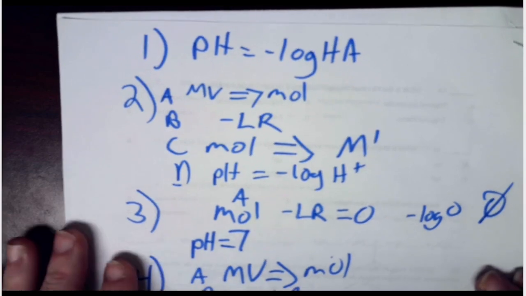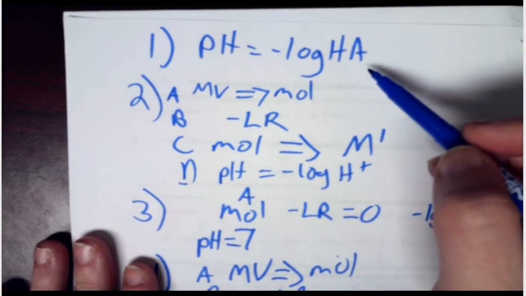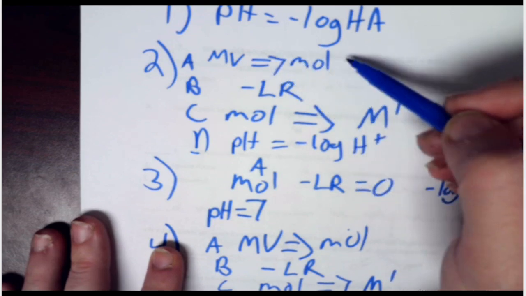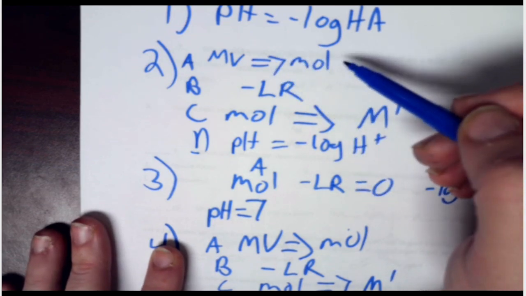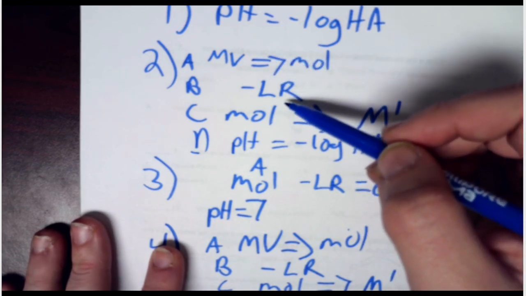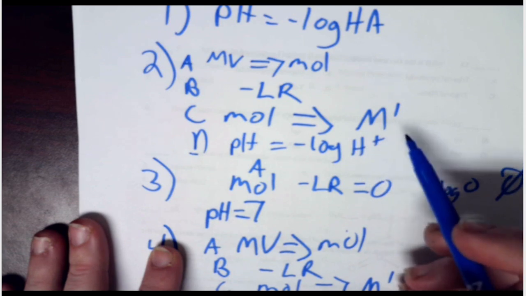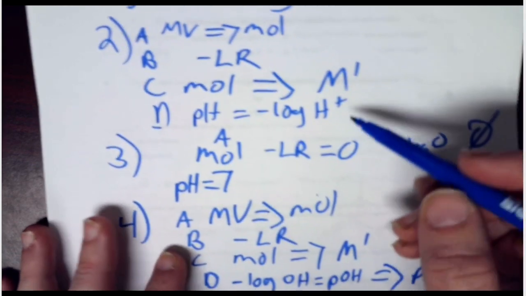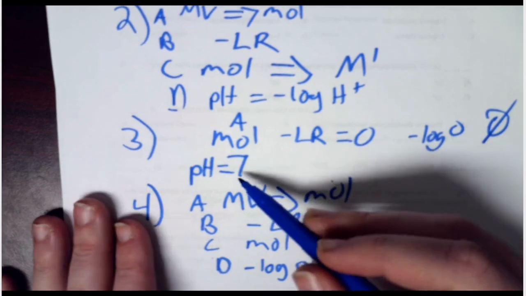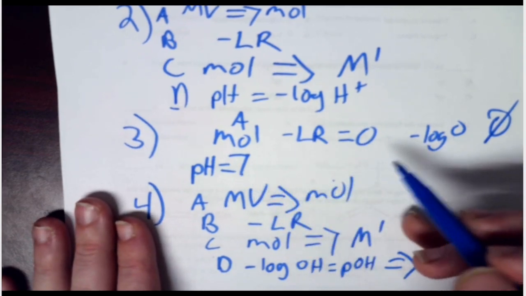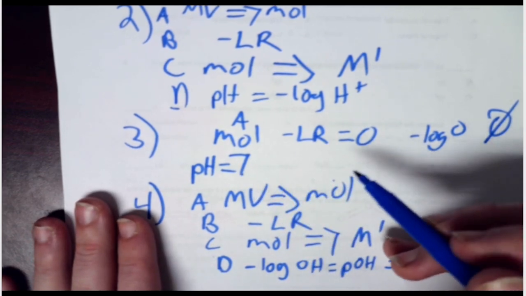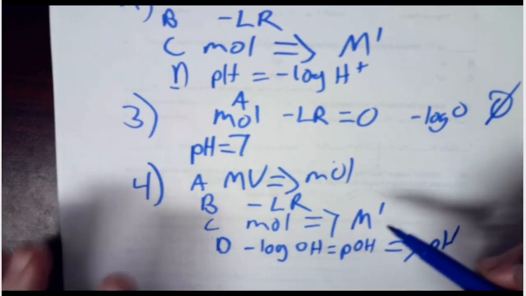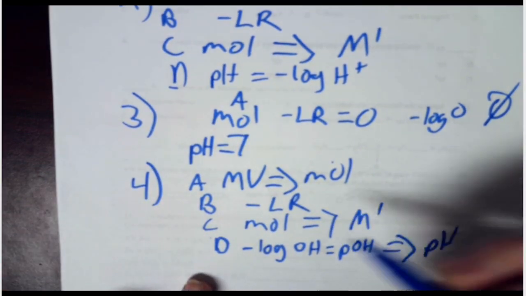I'm going to use Excel, and so pH is negative log of HA. 0.2, molarity times volume in moles. We subtract the limiting reactant, we turn moles back into molarity. pH equals negative log of H plus. Point 3 is 0.